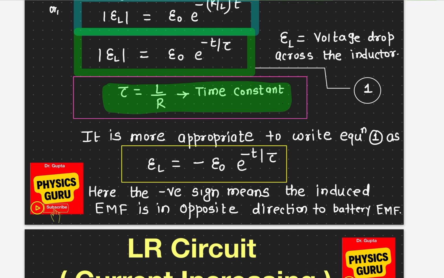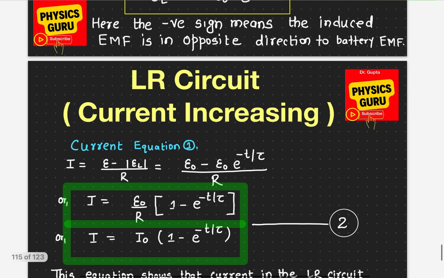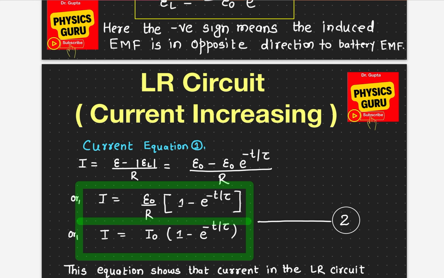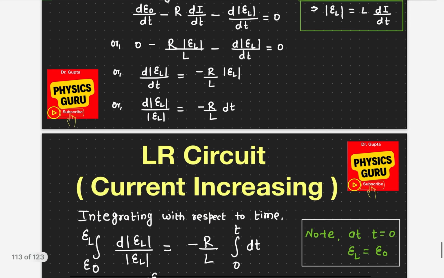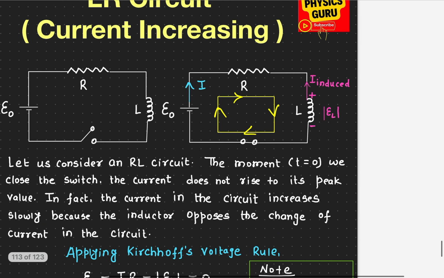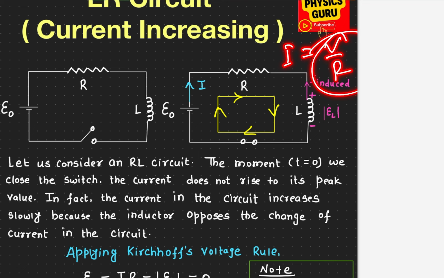Now what is the meaning of this time constant here? Let's explain that. Before explaining, let's also find the current in this circuit. How do you find the current? We get the current from the voltage divided by R, where this voltage is the total voltage.